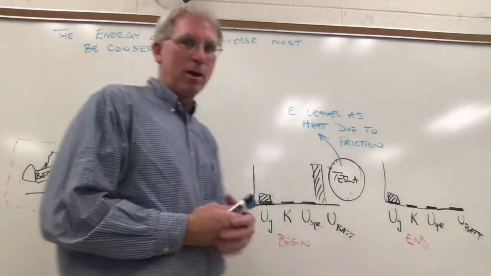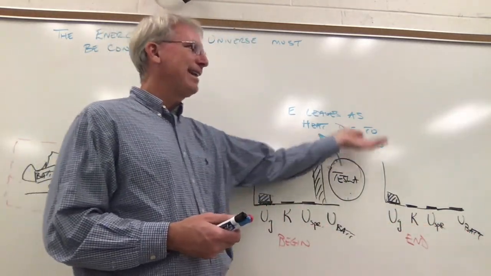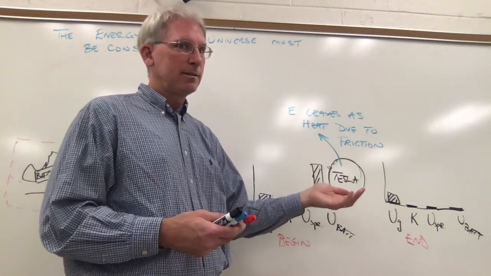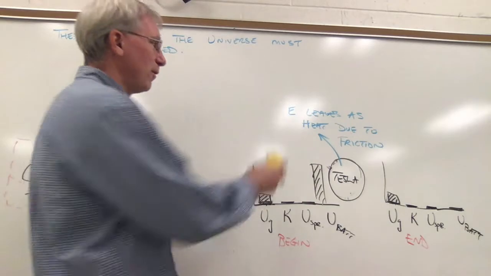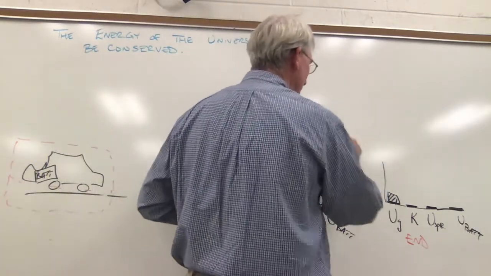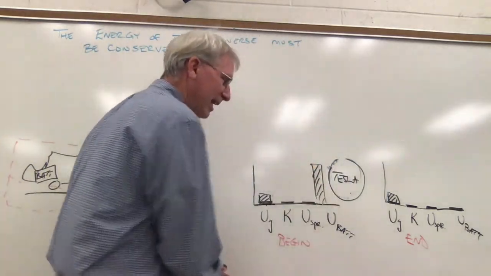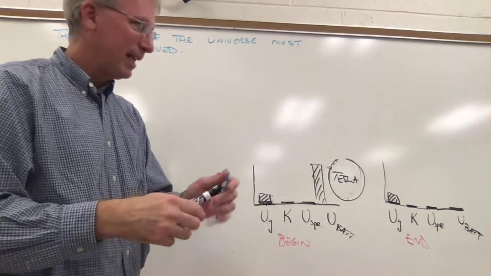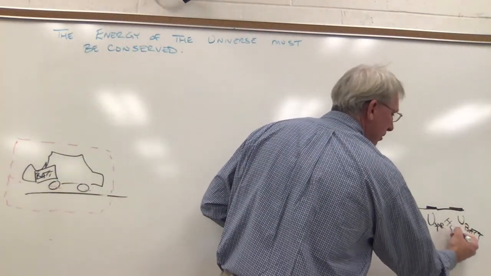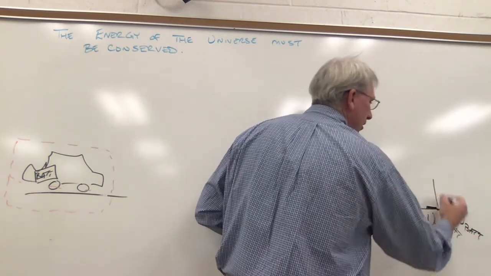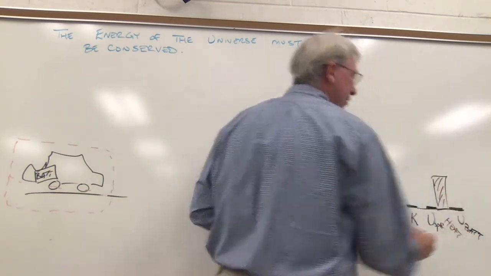So now what's going on? My energy cannot leave the system because the Earth is part of the system. Where's that energy going to go? So if it's not going anywhere, I would probably need to add even another place over here, and let's call that heat. And I'd need a heat bar, like so.